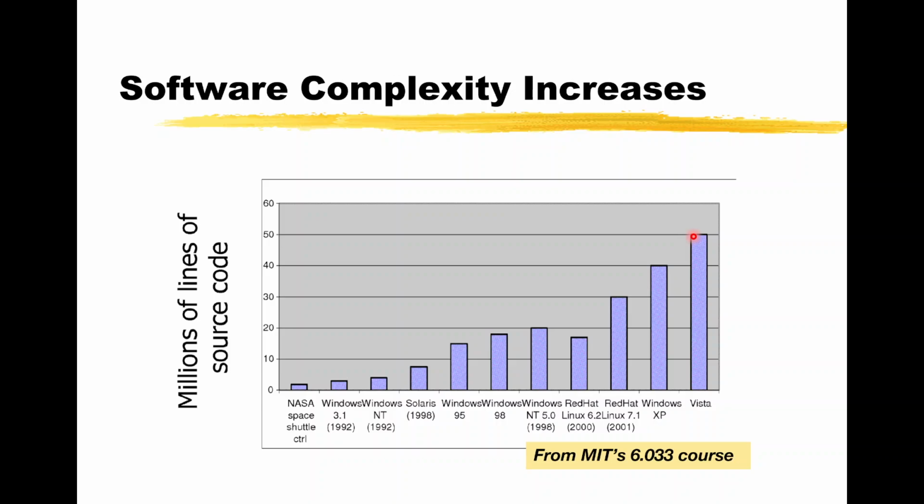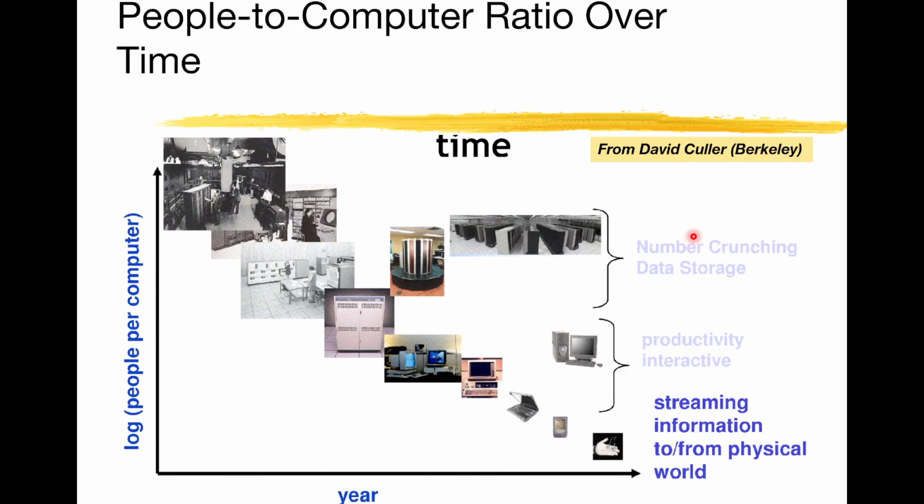So it got more and more complex, and technology kept moving. People per computer per year have also changed so much.